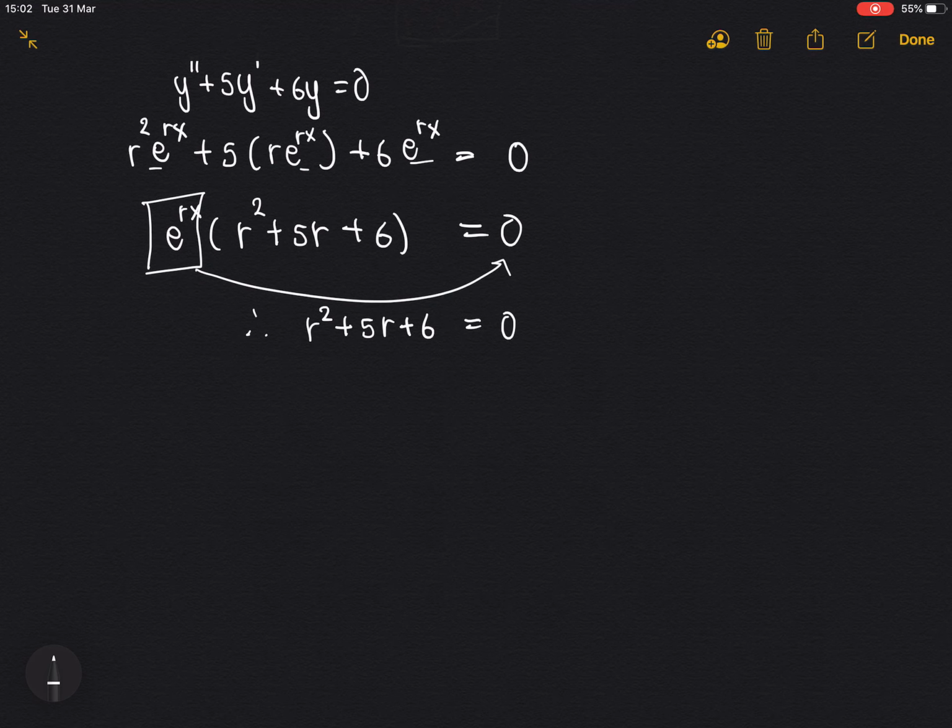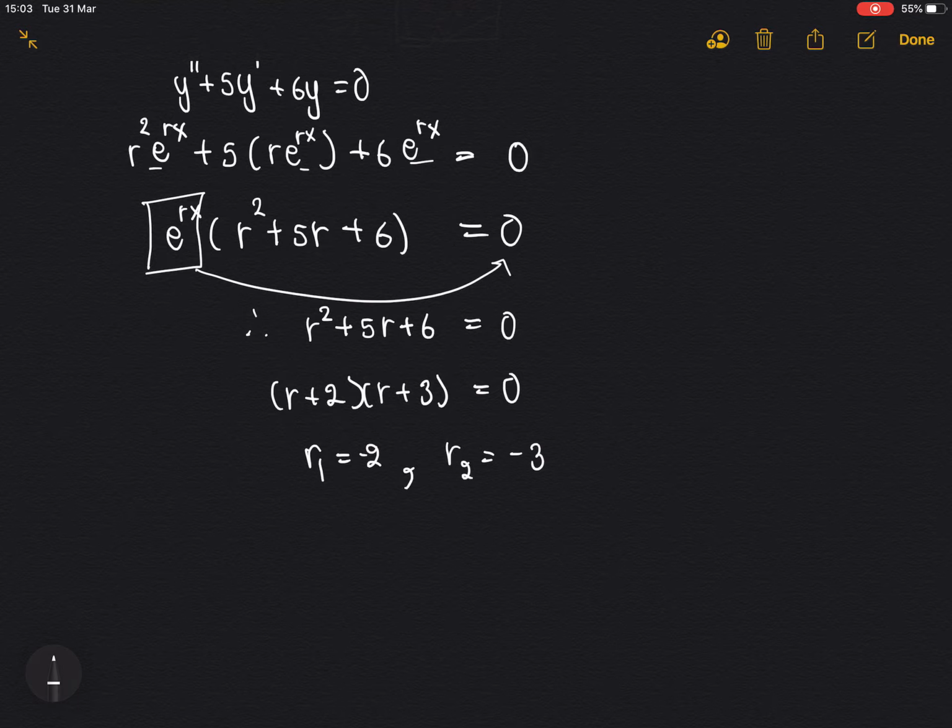And then up to this step, you will have to find the values for the roots. So in this case, it can be expressed as (r plus 2) multiplied with (r plus 3) equivalent to 0. Therefore, your r1 is equivalent to minus 2 and your r2 is equivalent to minus 3.